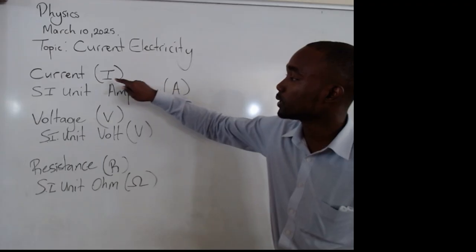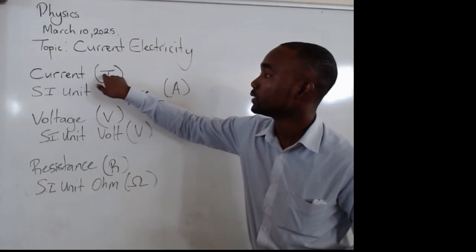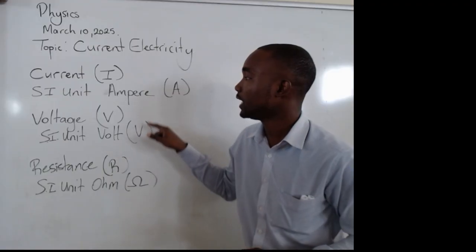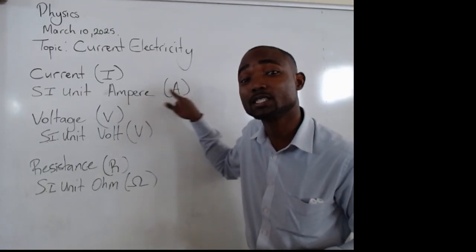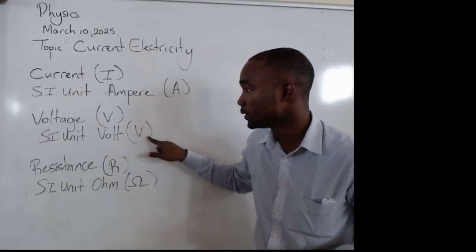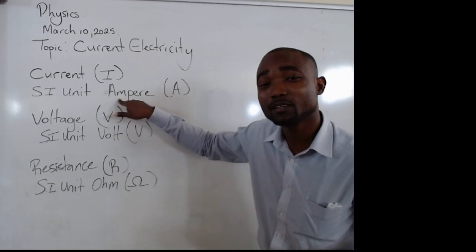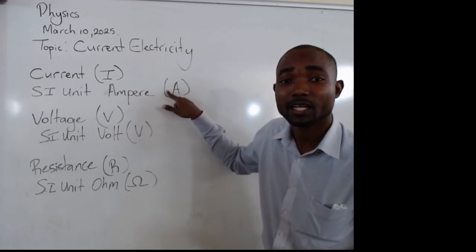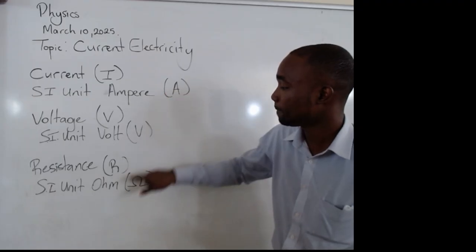So I don't want you to confuse now the symbol for the quantity and the symbol for the unit of the quantity. So the unit for current is ampere, and it is capital A for its symbol.